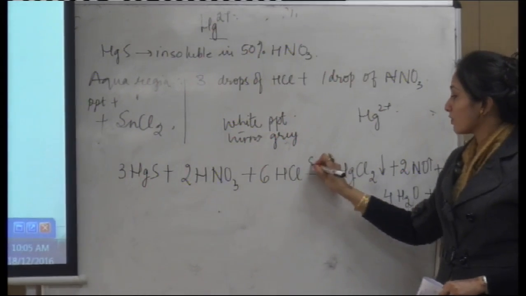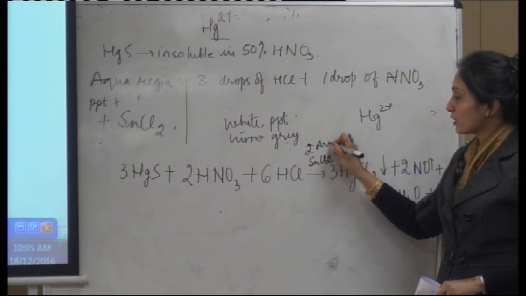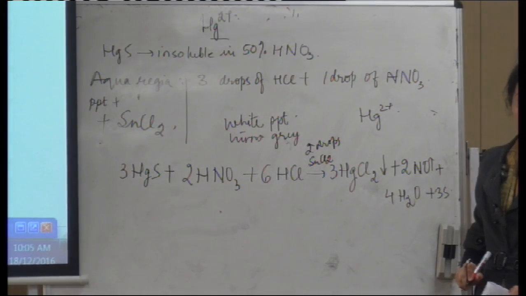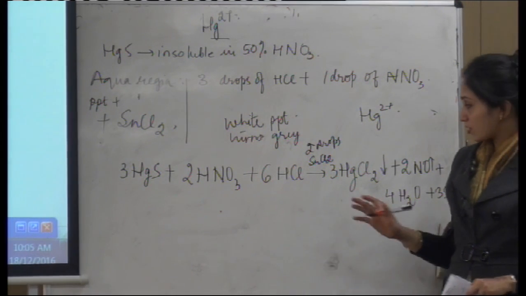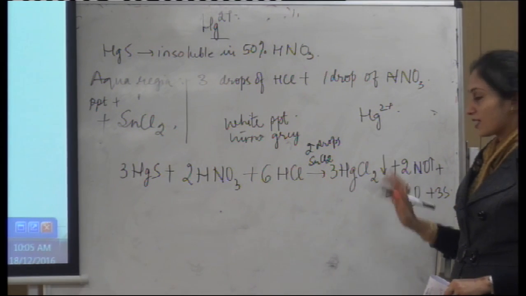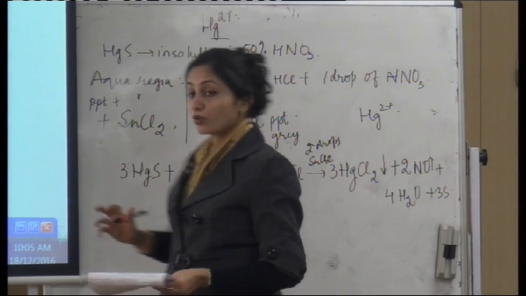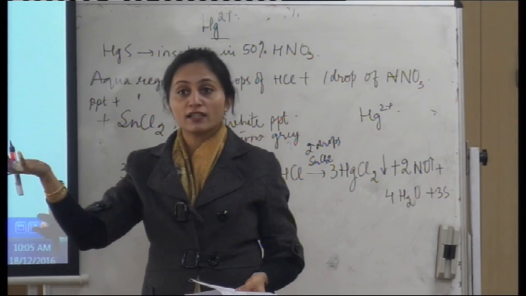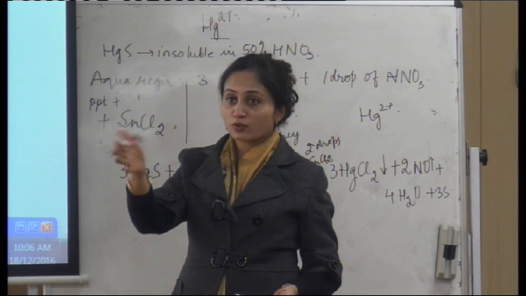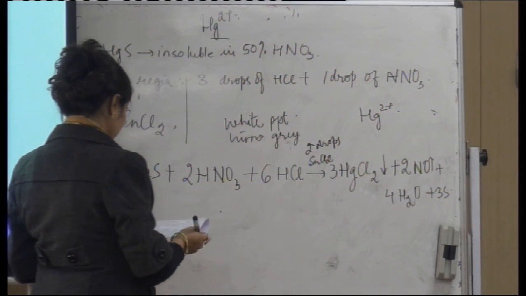So you can even write SnCl2 here. 2 drops तो add करी ही है ना. 2 drops of SnCl2 were also added, which increased the concentration of our Cl minus, because of which our HgCl2 got precipitated. Why? Because now you're making the ionic product exceed the solubility product. एक ion का भी concentration बढ़ा दोगे तो the balance gets shifted.